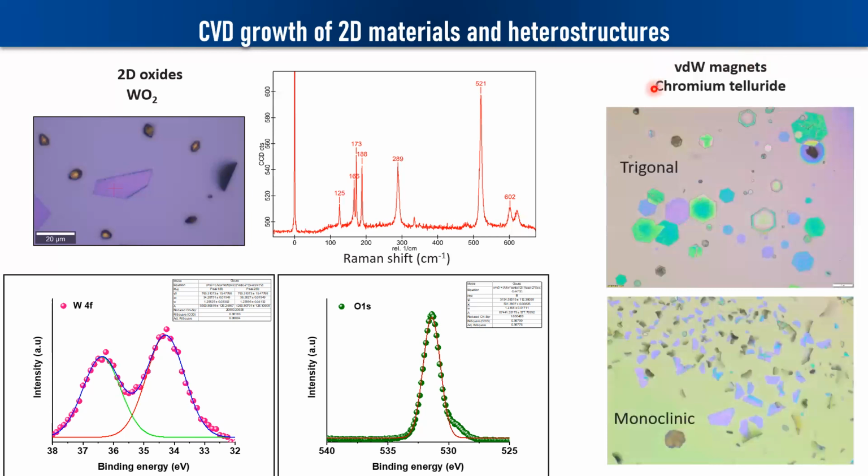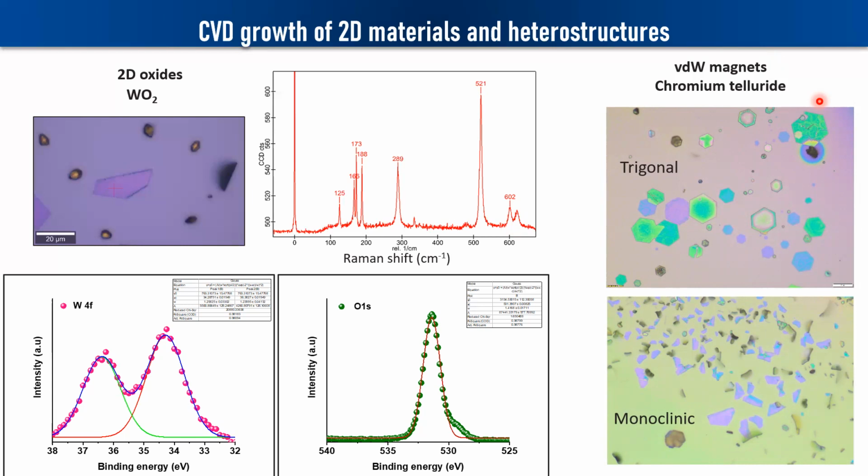Actually, in fact, from this week, we are also trying to grow some 2D van der Waals magnets, and we have started with chromium telluride. Chromium telluride is interesting because it has so many different phases. You can have CrTe2, Cr5Te8, Cr2Te3.